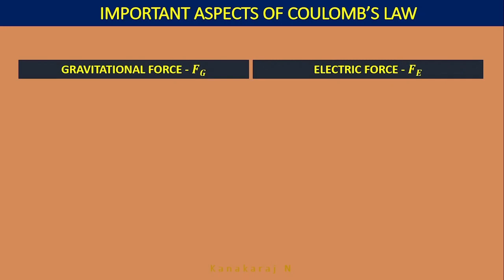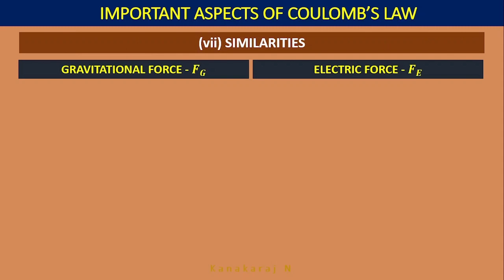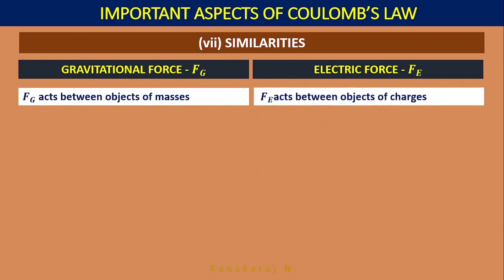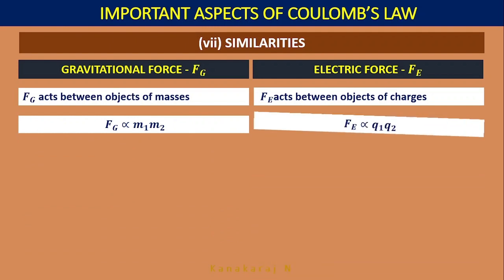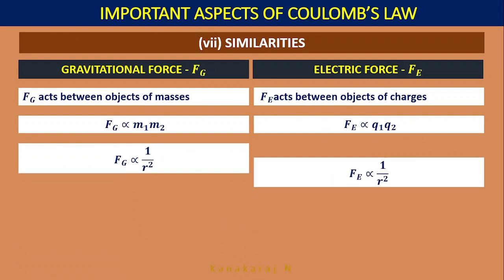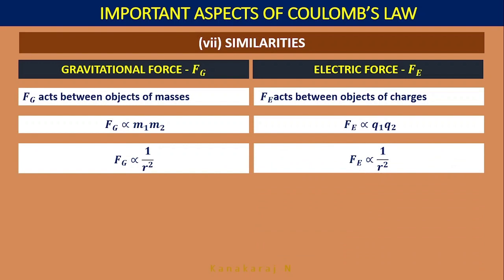So here comes a comparison between gravitational force and electrical force. Let us learn the similarity first. The gravitational force acts between objects of masses. The electrical force acts between objects of charges. Fg proportional to m1 m2, Fe proportional to q1 q2, Fg proportional to 1 by r square, Fe proportional to 1 by r square.